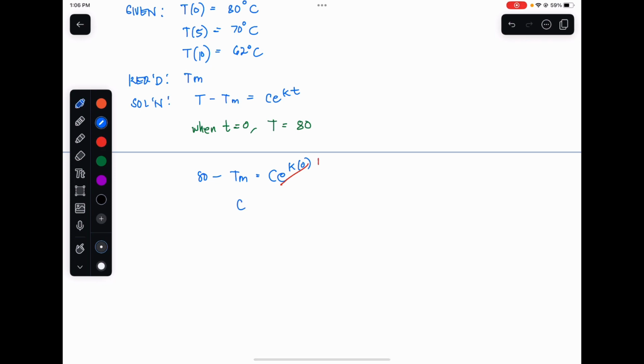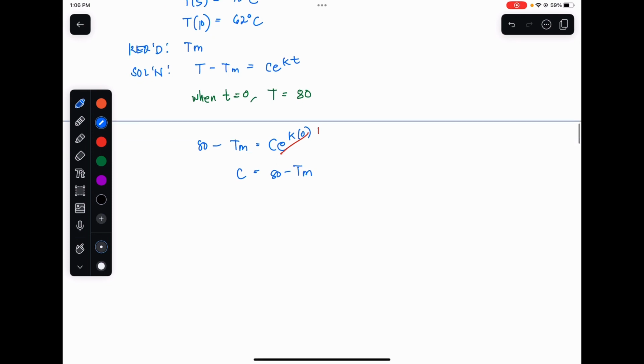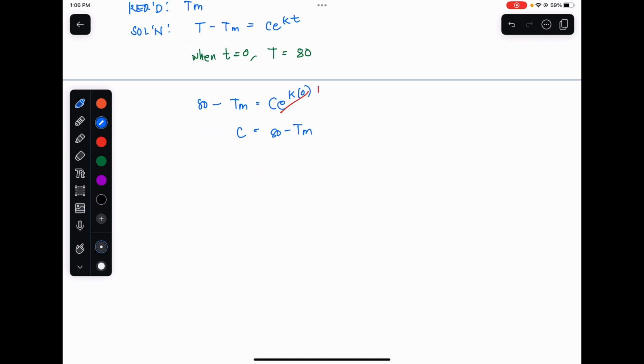Therefore C is simply 80 minus T sub m. Rewriting our equation, I now have T minus T sub m is equal to (80 minus T sub m) e raised to kt. That's our new working equation.